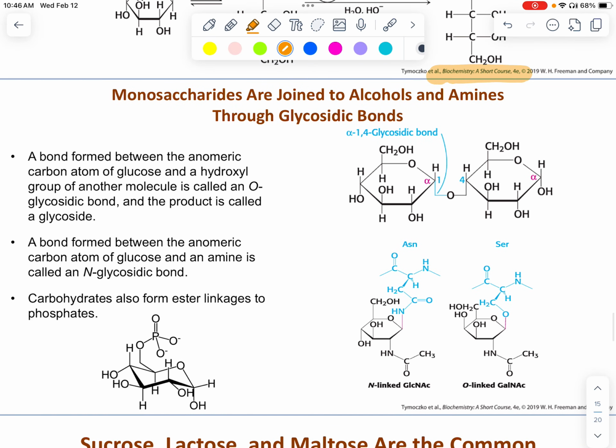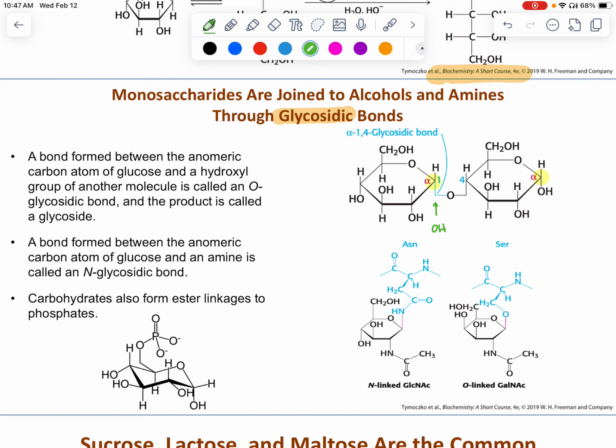All right, monosaccharides are joined to alcohols and amines through what we call glycosidic bonds. Let's look at an example. Here, this was an OH group on one glucose. Here's my anomeric carbon. Let's change color. Right here is the anomeric carbon on that one. Here's the anomeric carbon on that one.